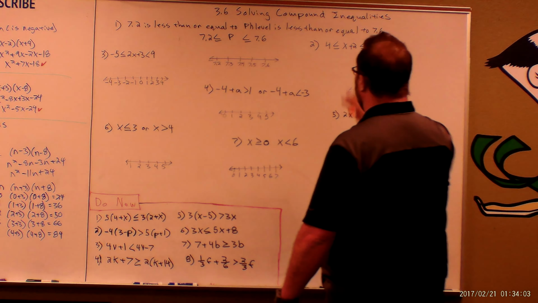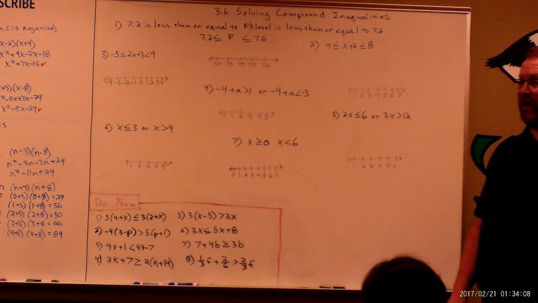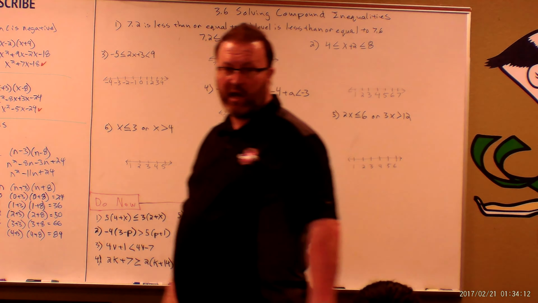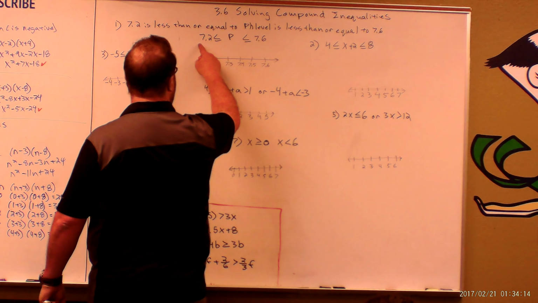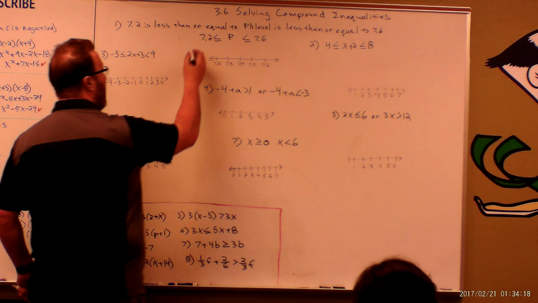Okay, so I took all this and I wrote it out into a problem. We've never seen a problem like this before, have we? What this means is there's a range in between these two. Okay? So the very first thing we do is we need to take this and we need to mirror it. Why do I need to mirror it?